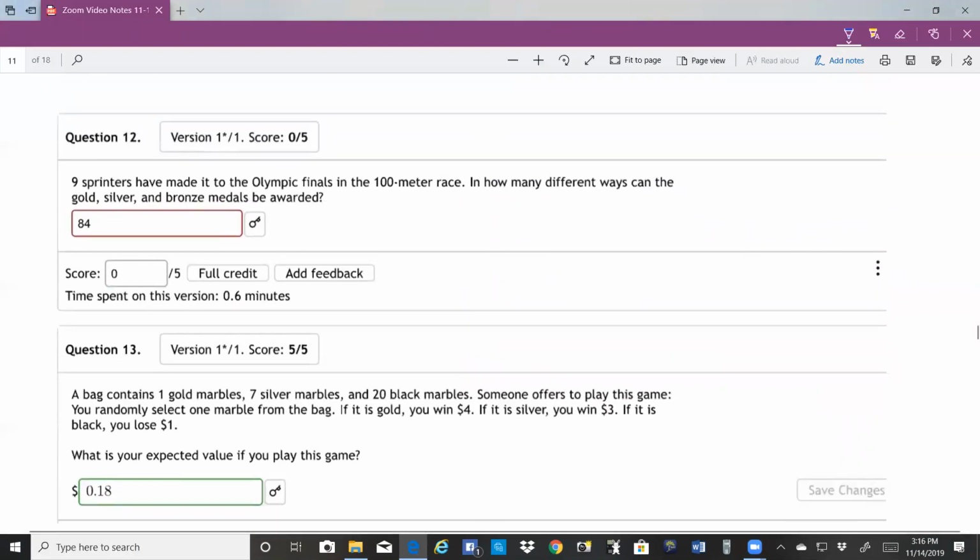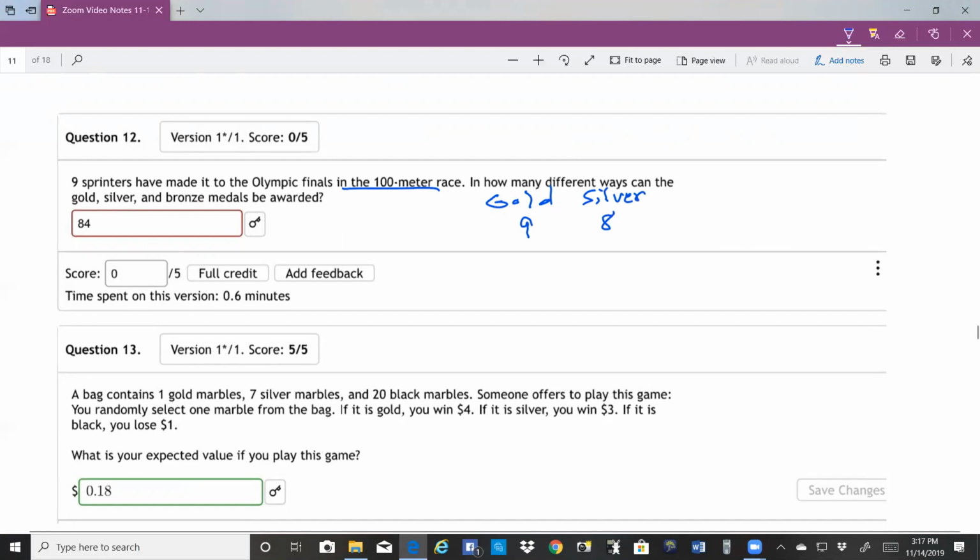Number 12, 9 sprinters have made it to the Olympics in the 100-meter race. How many different ways can the gold, silver, and bronze medals be awarded? Well, you start out with the gold, and you have a choice of 9. Once you've awarded the gold, you got a choice of 8 for the silver.